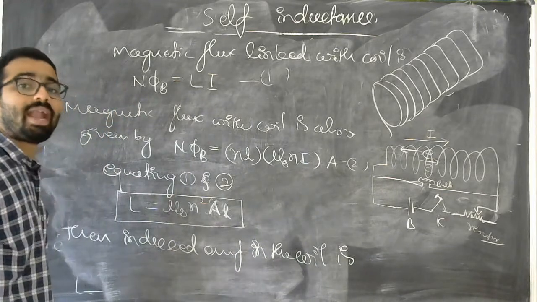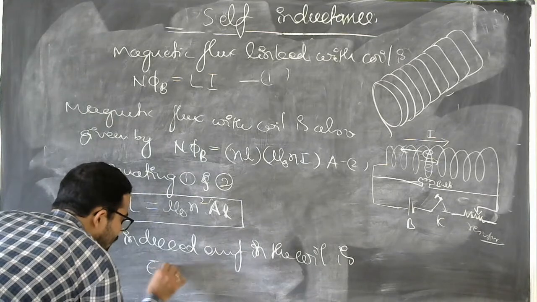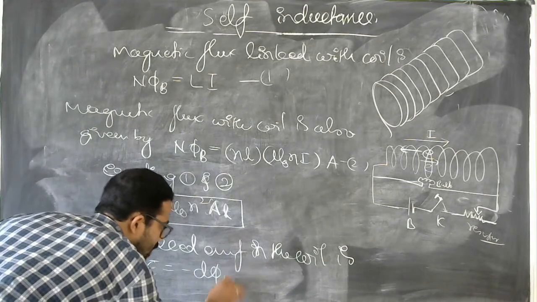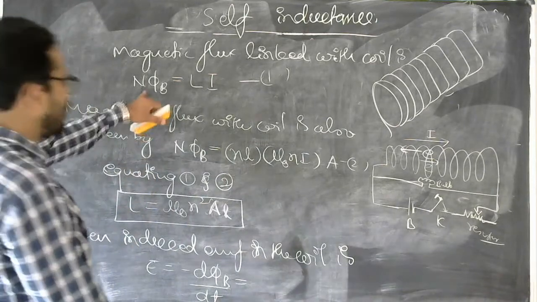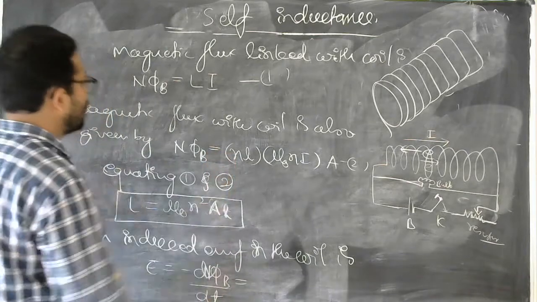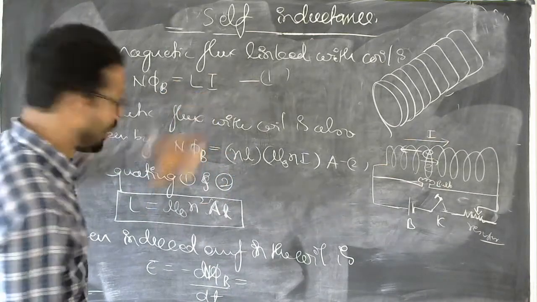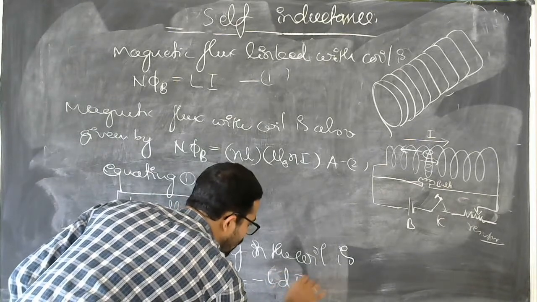From Faraday's law, what we can write is E is equal to minus d phi B divided by dt. And we know the equation for N into d phi B, which is equal to L into I. So minus L into dI by dt.